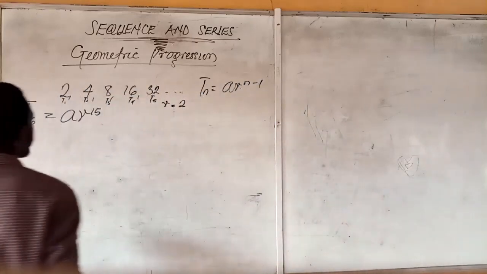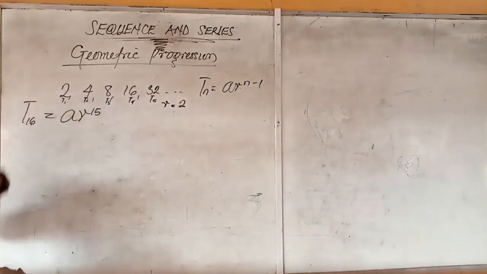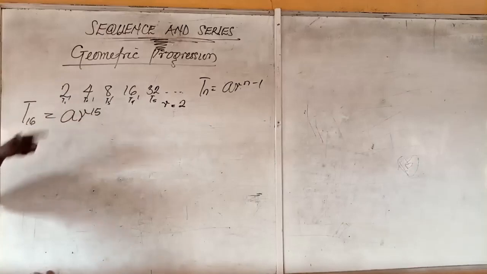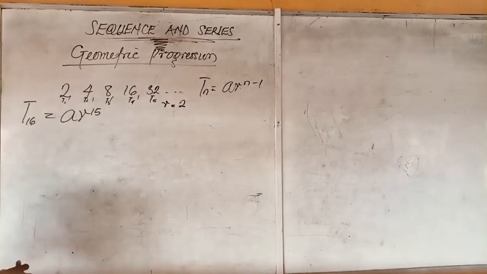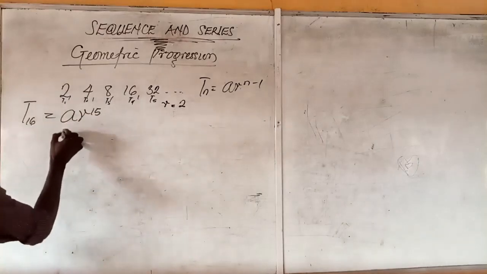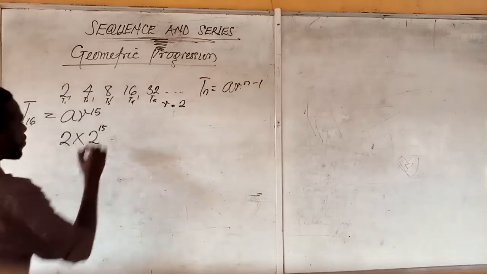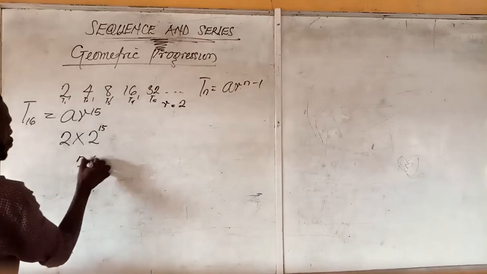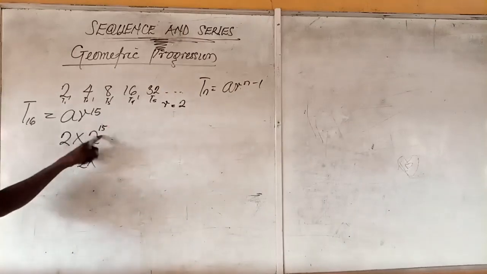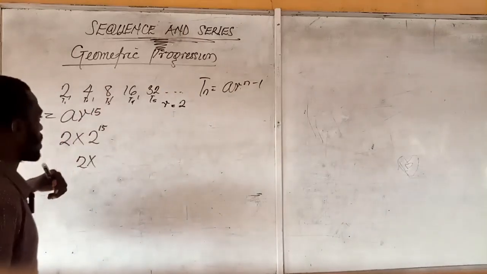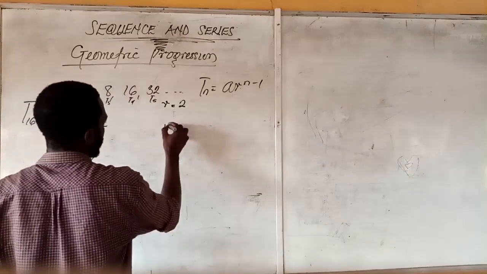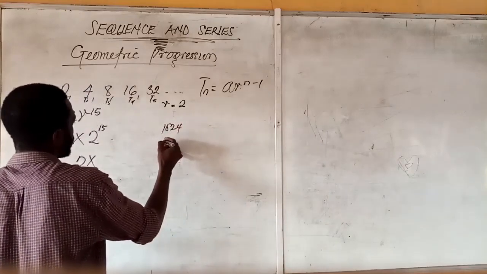Alright, so now what is our first term A? That is 2 times, what is our common ratio? 2 raised to power of 15. And then you solve 2 times 2 raised to power 15, that will basically be 2 raised to power 10 is 1024 times 2.